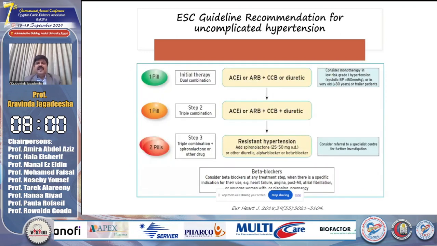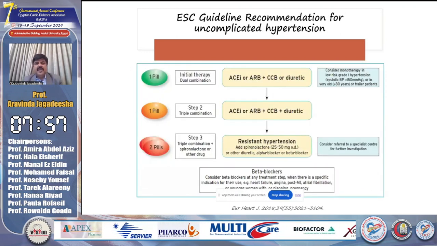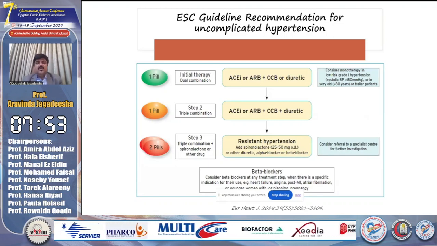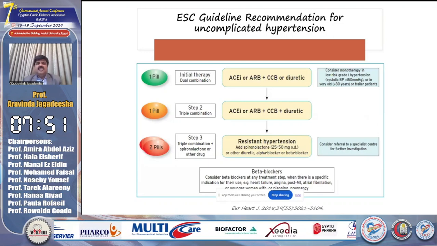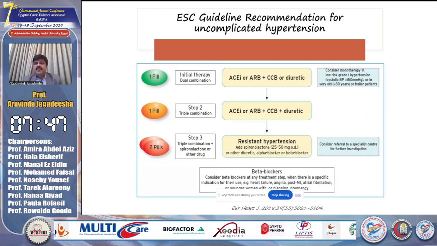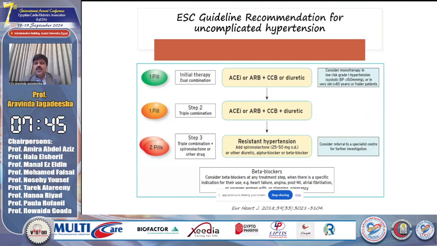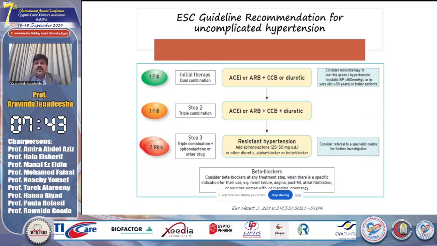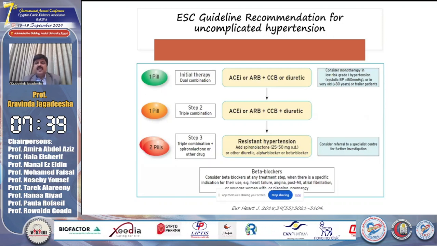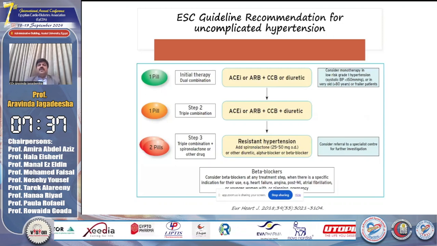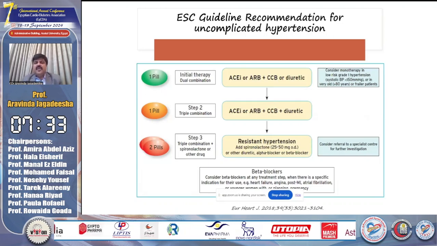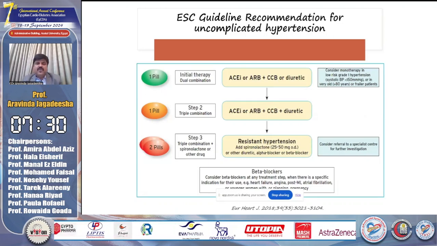So the ESC guideline recommendation for uncomplicated hypertension. This is the European Society of Cardiology. Once again, you can see the initial therapy depending upon the blood pressure. If the blood pressure is less than 150 by 80, or 150 systolic or more, the first line therapy can be dual therapy as well, either ACE inhibitors or ARB plus CCB or diuretics.